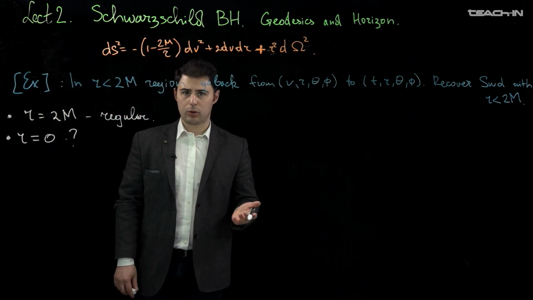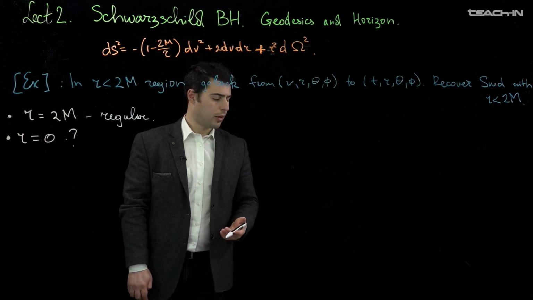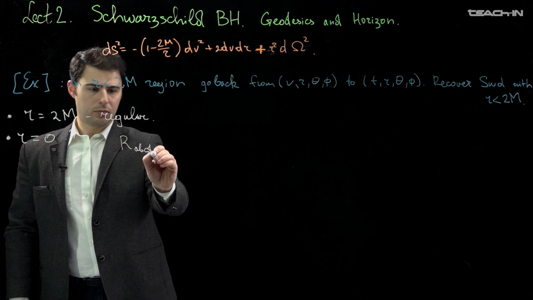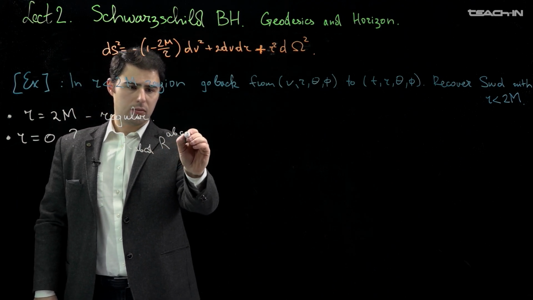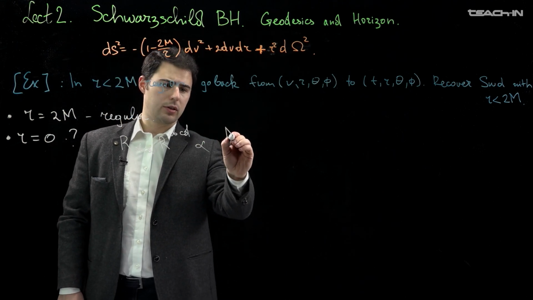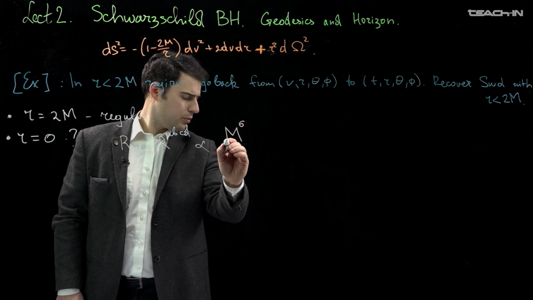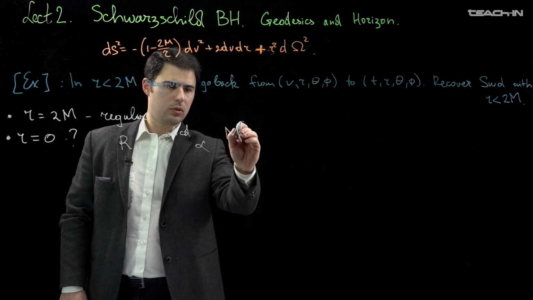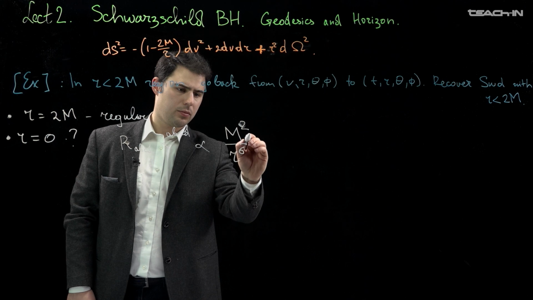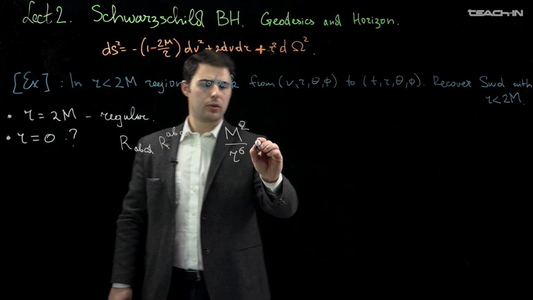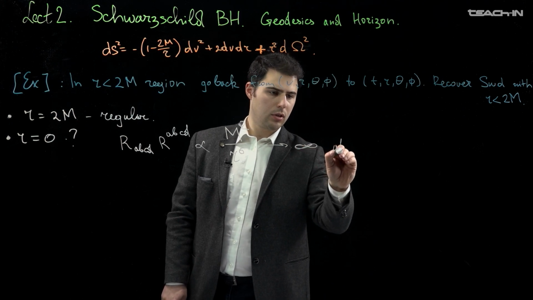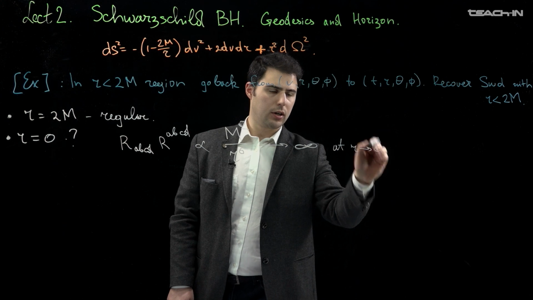So let us compute the curvature invariants. One of the invariants is the Kretschmann scalar. And after the computation, we find that it is something like m to the power of 2 over r to the power of 6. So this definitely diverges as r goes to 0.